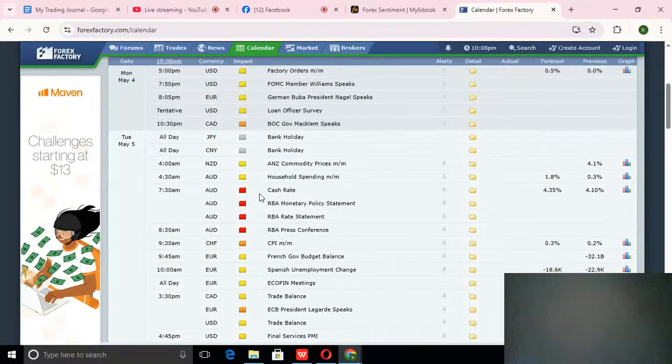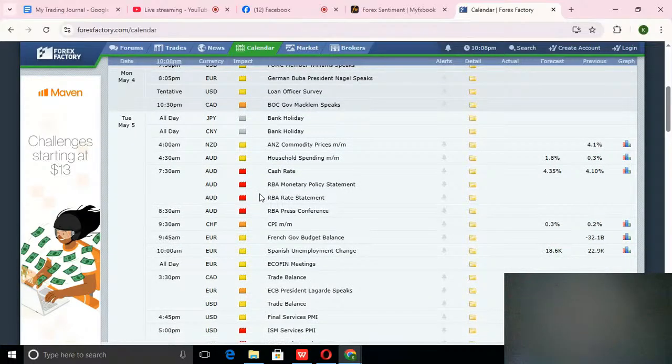So let's proceed. On Tuesday at 7:30 a.m., we are going to have a cash rate. This is about the monetary policies from Austria. The Central Bank of Austria is going to be releasing its data on monetary policies.